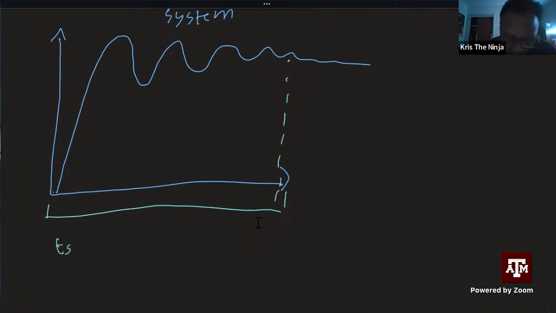You want to have your peak magnitude, which is the magnitude of overshoot.